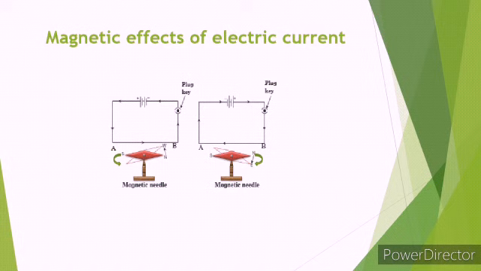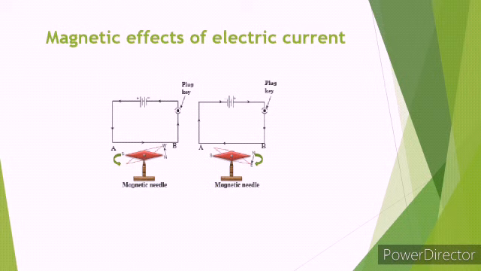When we close the plug key, means switch the circuit on, the current in the wire flows from A to B, means from south to north direction. Then we will observe that the magnetic compass needle gets deflected towards the wire AB, means towards the west.